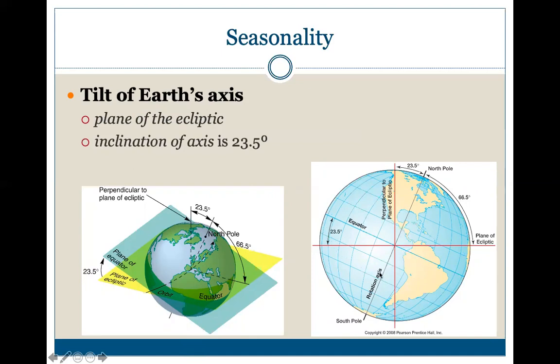Now, you'll notice that this is going to correlate with the 23.5 degrees for Tropic of Cancer and Capricorn, and the 66.5 degrees that correlates with the Arctic and Antarctic Circle. And so you'll be like, oh, okay, that's where they're getting those numbers. And of course, that has a correlation to where the sun's direct rays are hitting the Earth, the subsolar points.